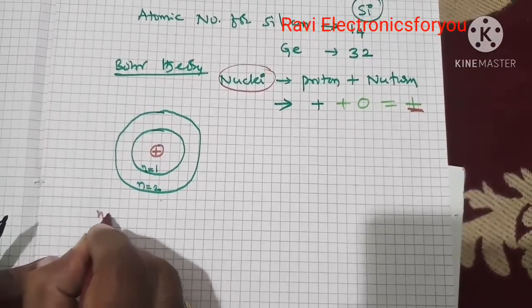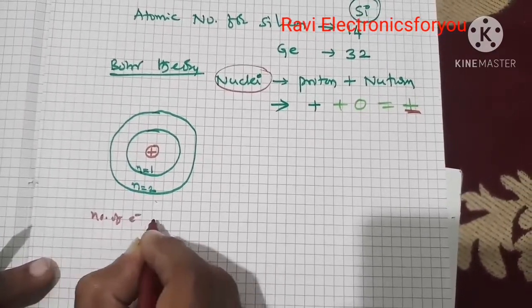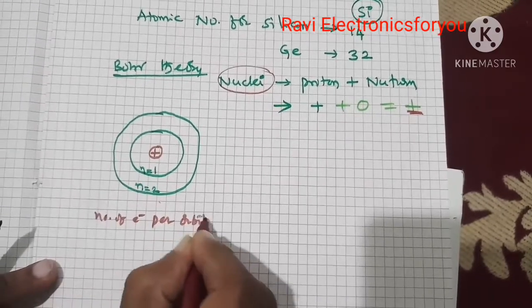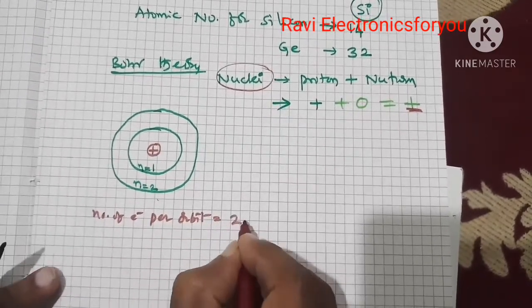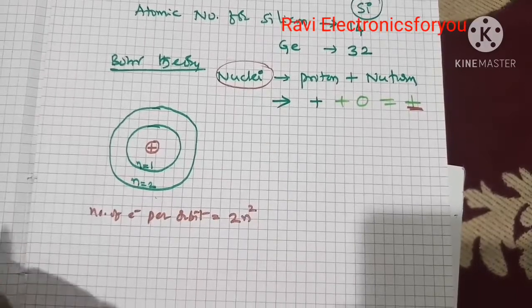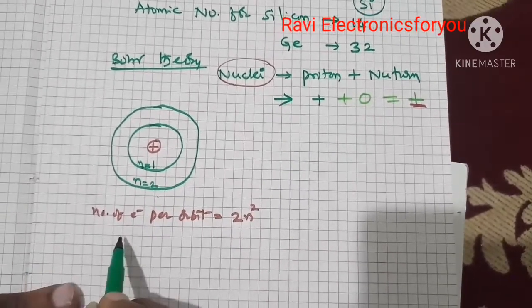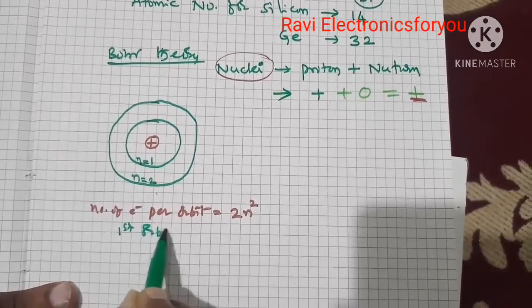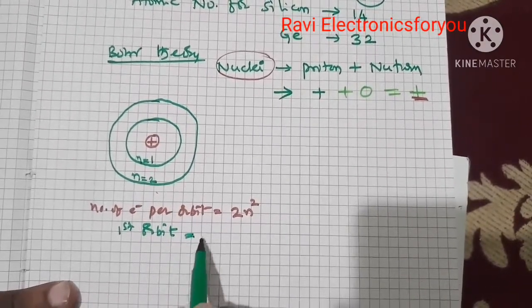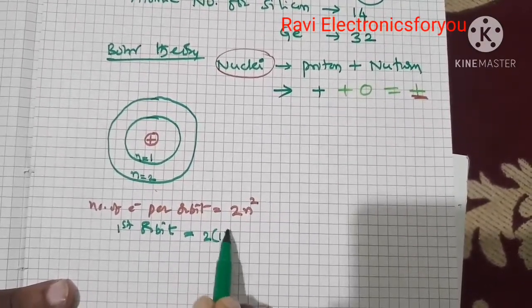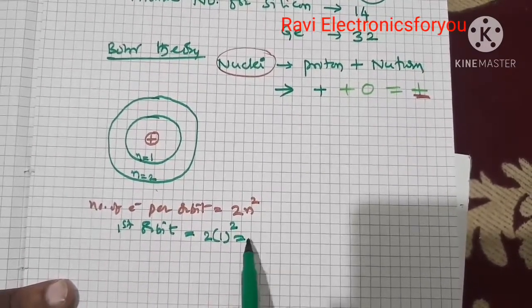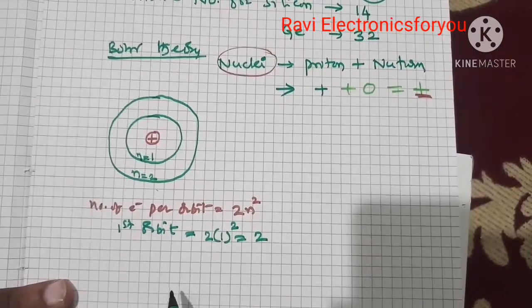The number of electrons per orbit we can define as 2n squared. With that, for the first orbit, n is 1, so 2 times 1 squared gives 2.